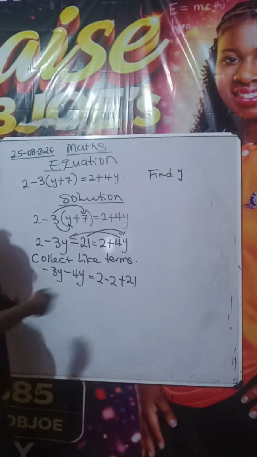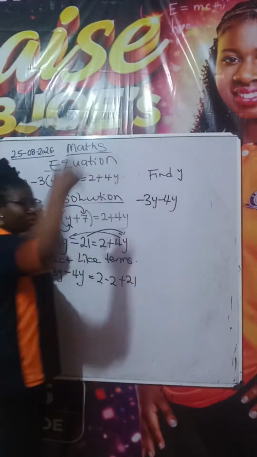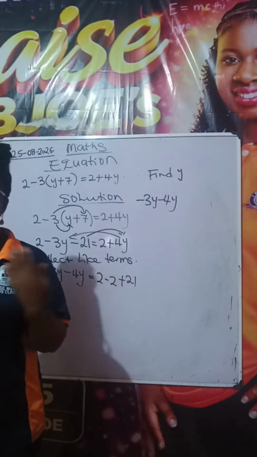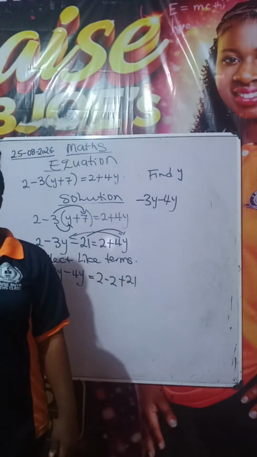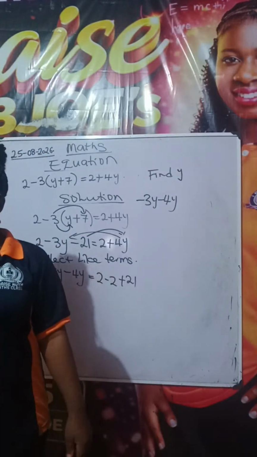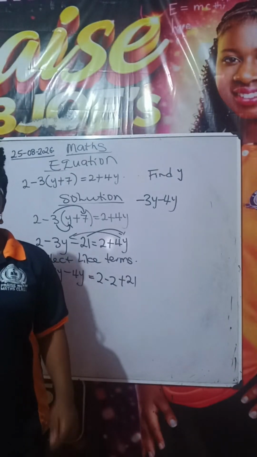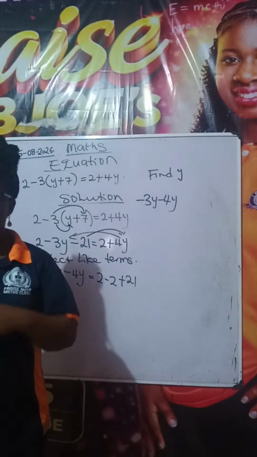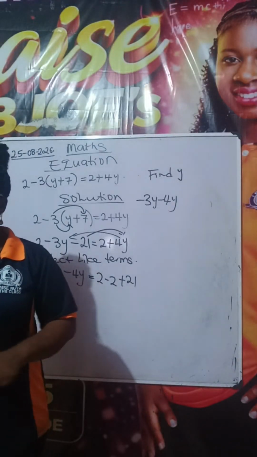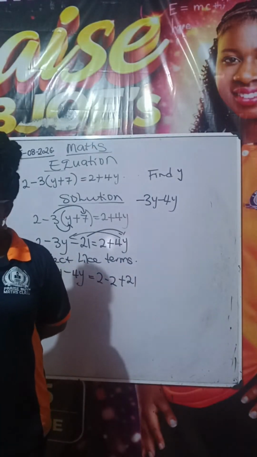I want to hear from you. Answer the question. Even if it's not correct, nobody is going to flog you. If it's you now, what are you going to write? Somebody said 7y. The next person, what are you going to write? Somebody said 1, that the 1 is positive.